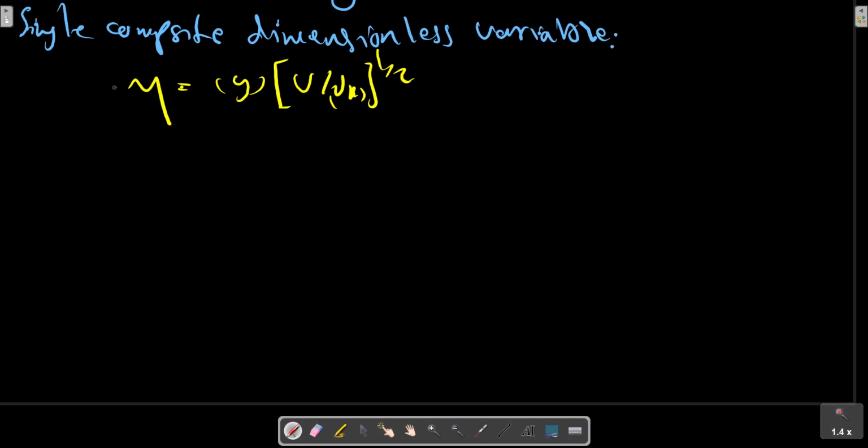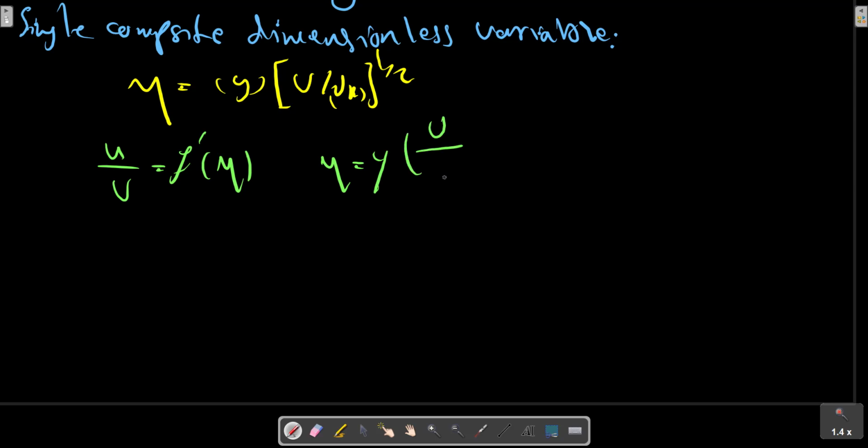u over U, the dimensionless velocity, equals f prime of eta, and eta equals, where the prime denotes differentiation with respect to eta.